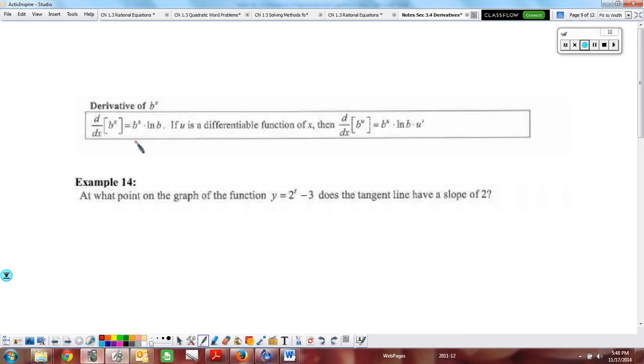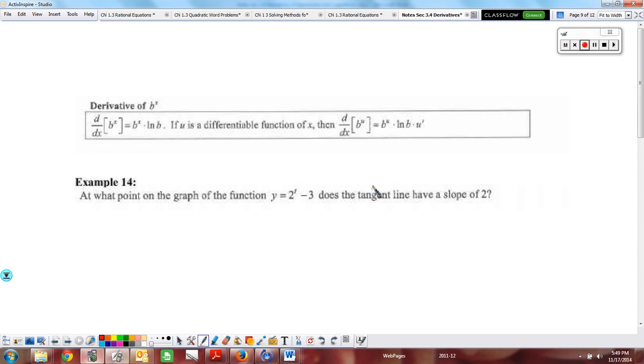And for some reason, simply because I like to have it, I like to write it afterward, and that's usually the way that we do this. B to the x, the derivative of exponential is itself times the scaling factor. And then if it's b to the u, and you're trying to take the derivative with respect to x, then you want to do your b to the u itself, the scaling factor, ln of b, times your du dx, or your derivative of your u.